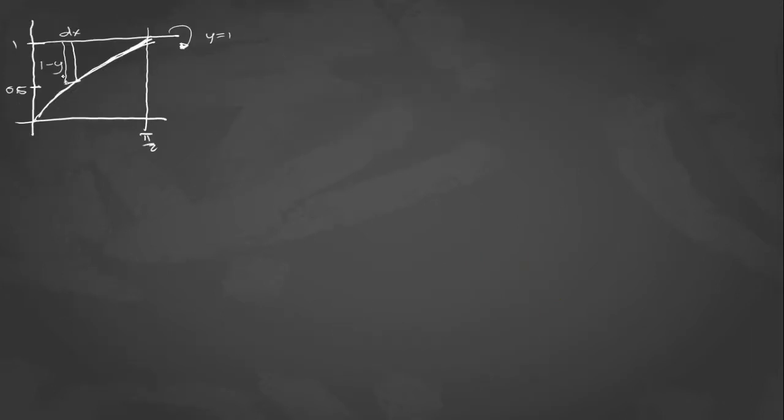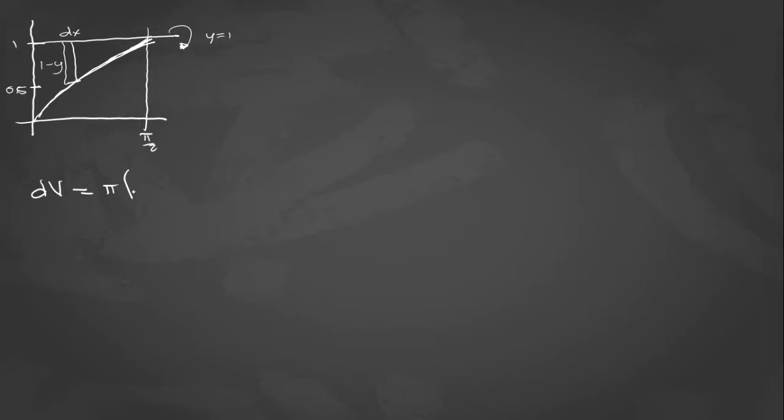We can create a differential volume. If we rotate this rectangular element along y is equal to 1, it generates a circular disk. So that circular disk has a differential volume, dV is equal to pi.